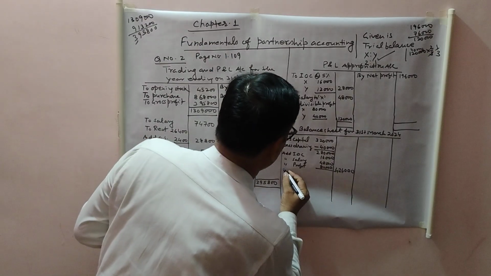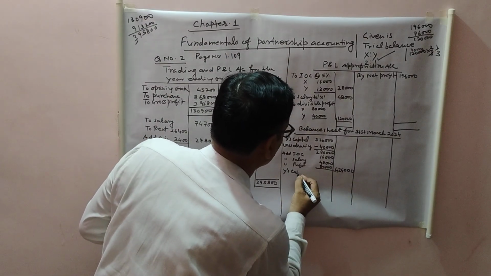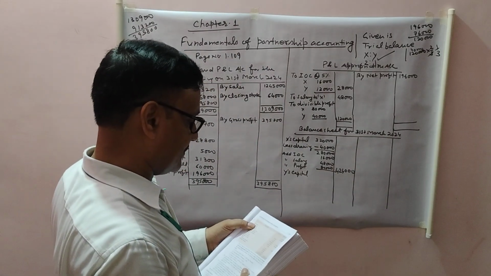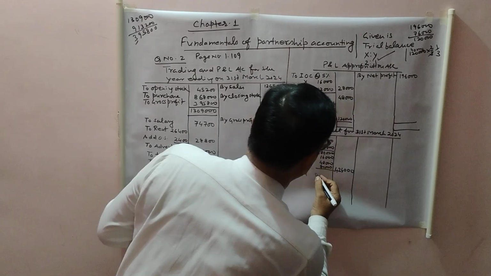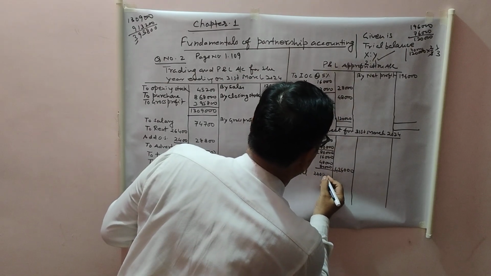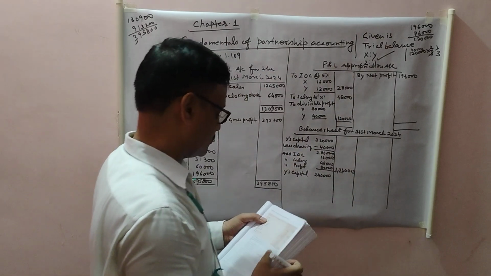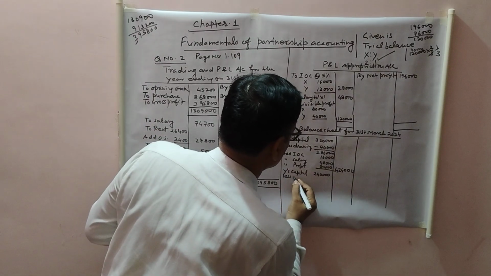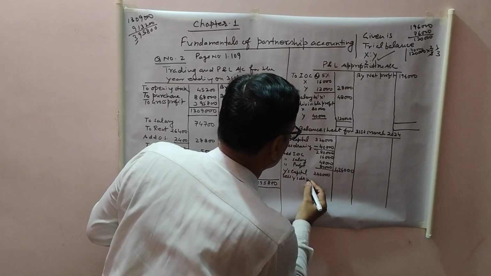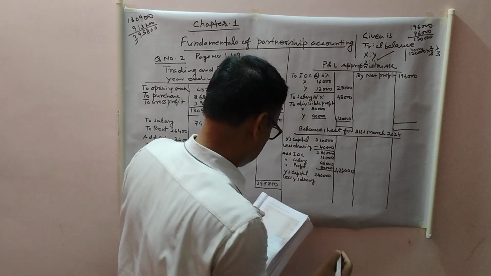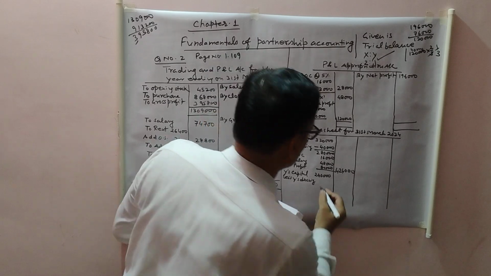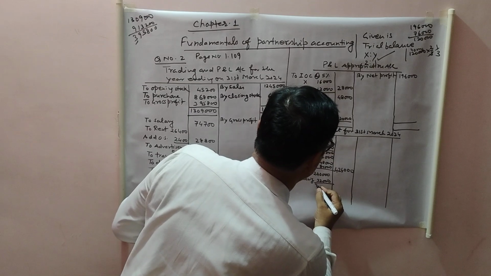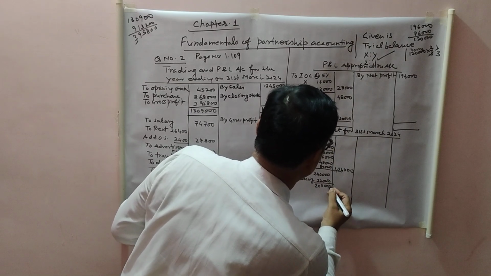Let us take Y's capital. What is Y's original capital? It is given in the trial balance 2,40,000. What is Y's drawing? 32,000 less Y's drawing 32,000. So 2,08,000.